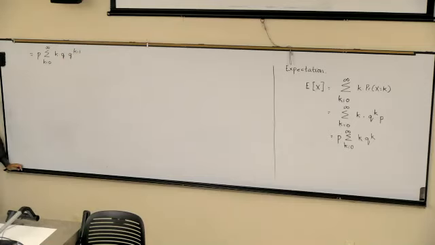I'm just going to write q raised k as q multiplied by q raised k minus 1.